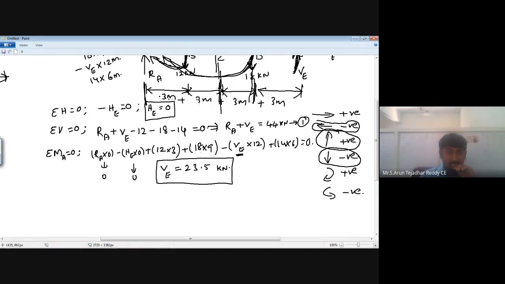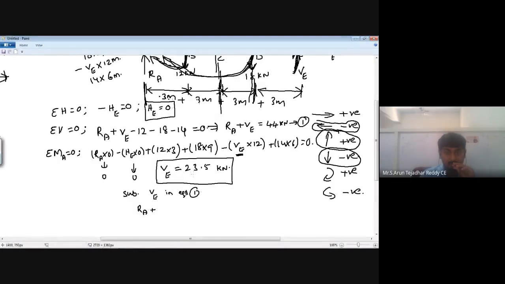The other unknown is RA. Simple. Substitute this VE value in equation 1, then you will get the RA value in terms of kilonewtons. Write down, substitute VE value in equation number 1. Then we'll get the RA value.